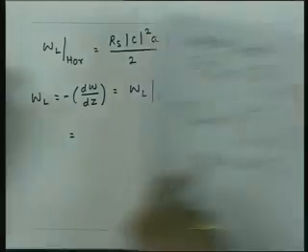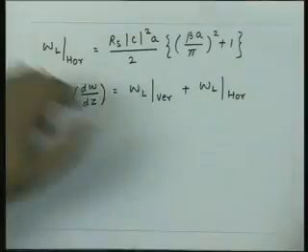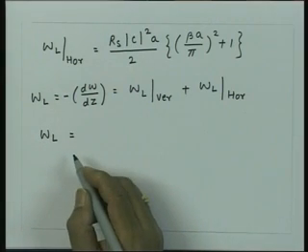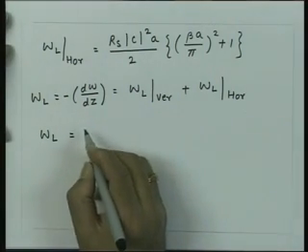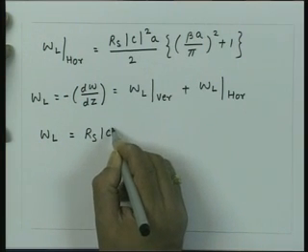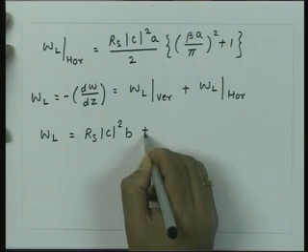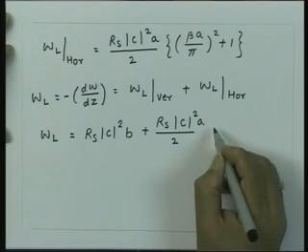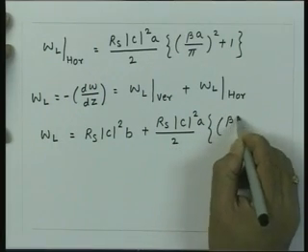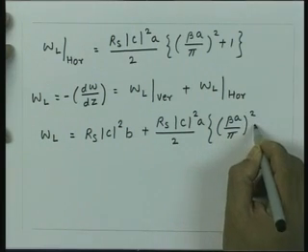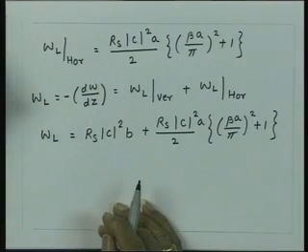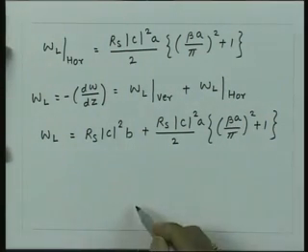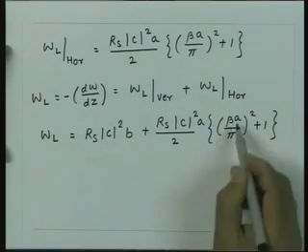If I add the two terms, one which I got for the vertical wall and the horizontal wall, I will get W_L equal to Rs |C|^2 b plus Rs |C|^2 a upon 2 into (beta a upon pi) whole square plus 1, which I can write in terms of the frequency and the cutoff frequency of the mode, because I know the cutoff frequency is related to the dimension of the waveguide.